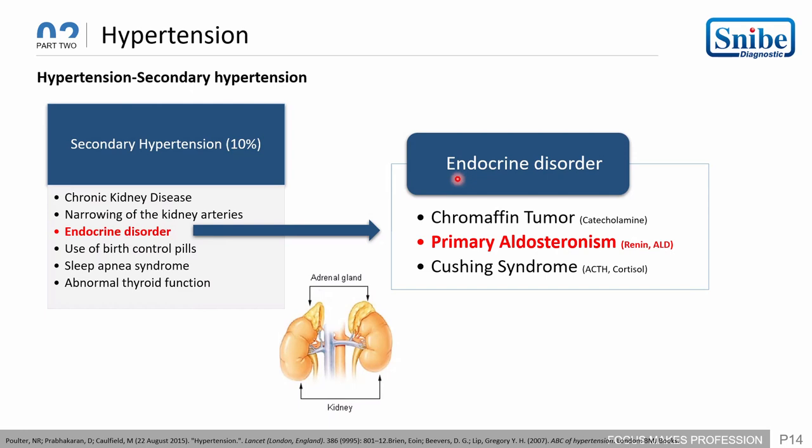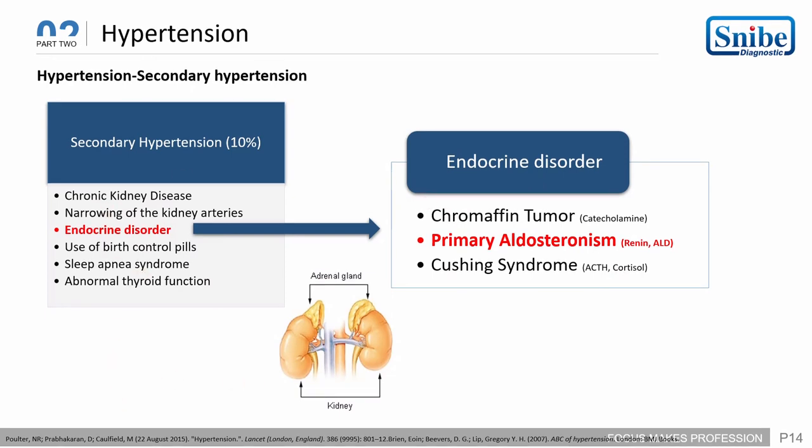In the endocrine disorder, there is pheochromocytoma, in which catecholamine is increased, and primary aldosteronism, in which renin and aldosterone levels are increased. In Cushing syndrome, ACTH and cortisol are the markers to check the endocrine disorder for secondary hypertension.